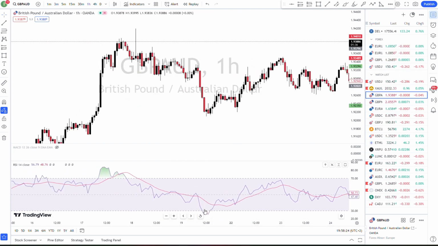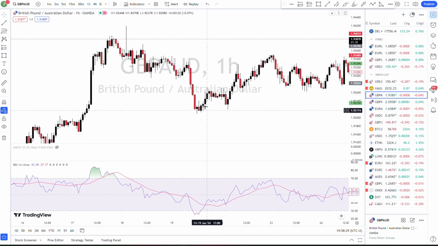Yes, here. If it is oversold like this, it's again a sign of a trend change. So our oversold market can change to be a buyer's market soon.